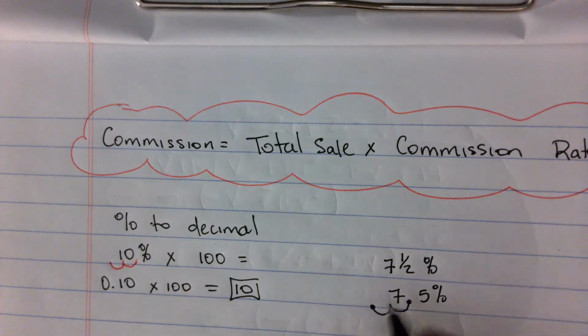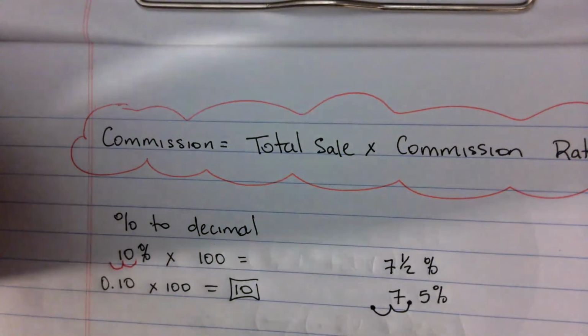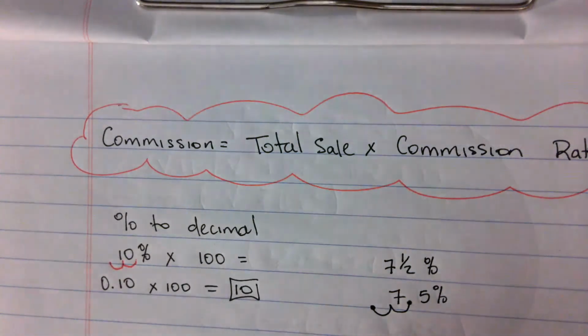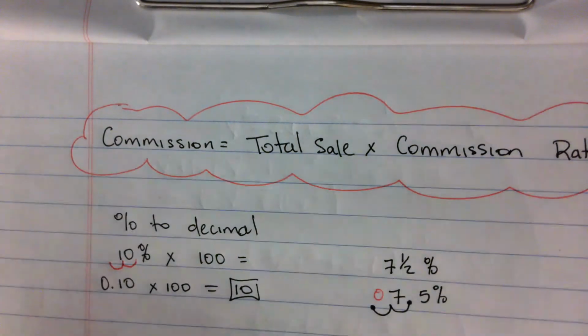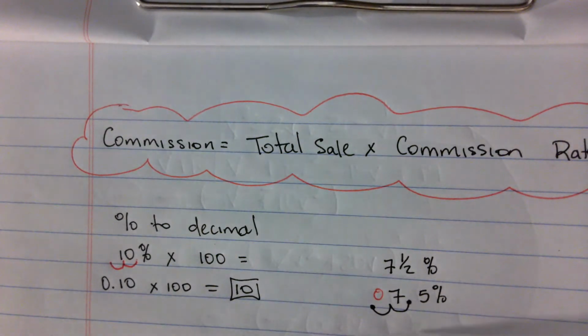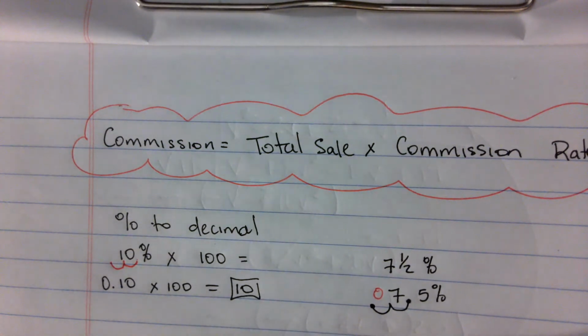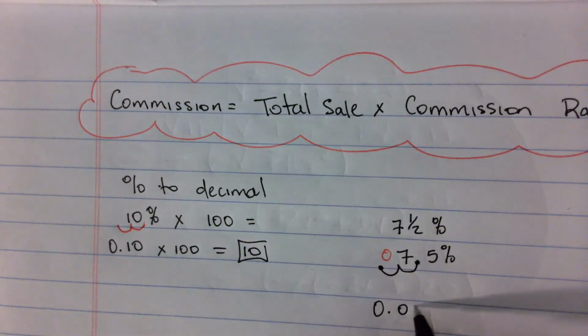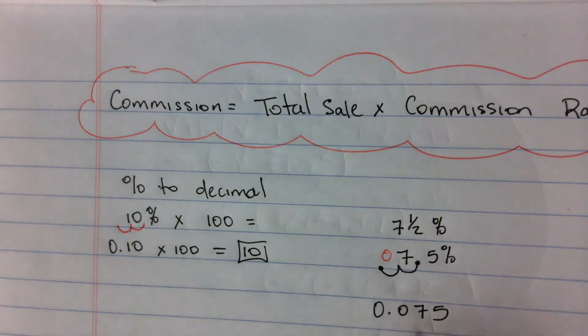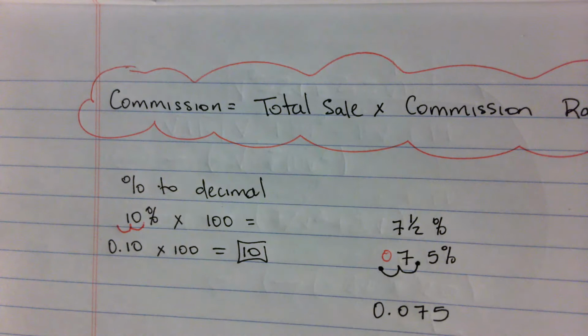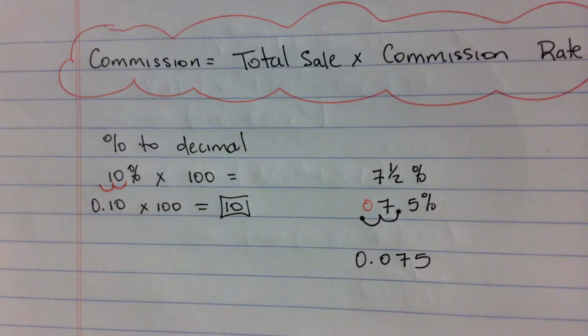So the point is here, and I have to put a placeholder, as we often consider, right here. So this becomes 0.075, and that's 7.5% converted.